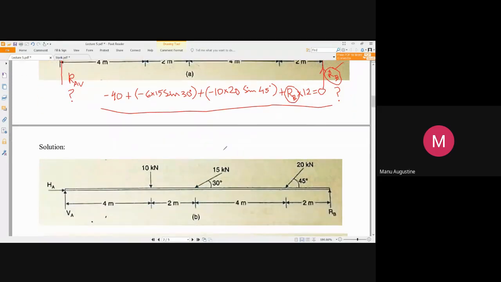Okay, you can note this down: Example 3.21 and Example 3.22 from Bhavikatti.